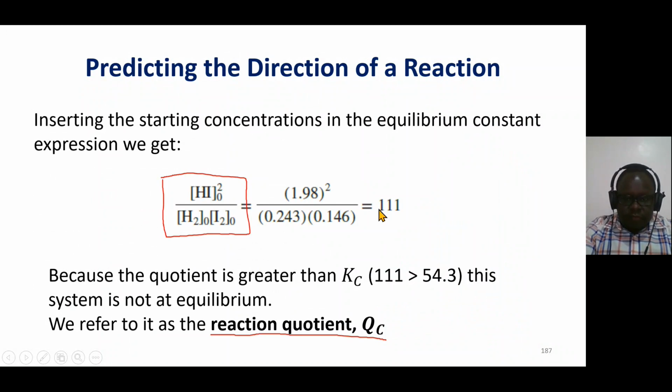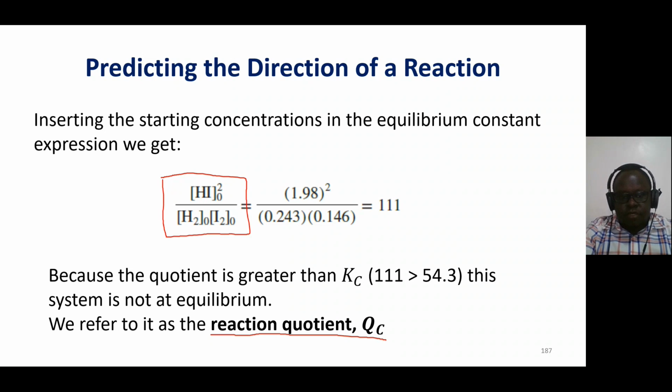So here, if the quotient that you're getting is less than Kc, it means that this product of the concentrations of the reactants is larger than this square of the concentration of the product.